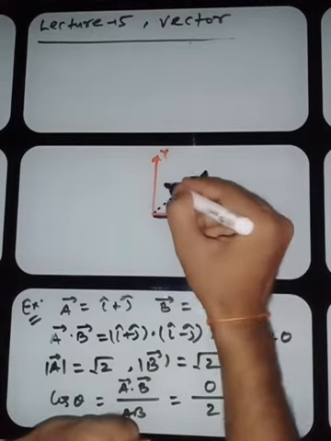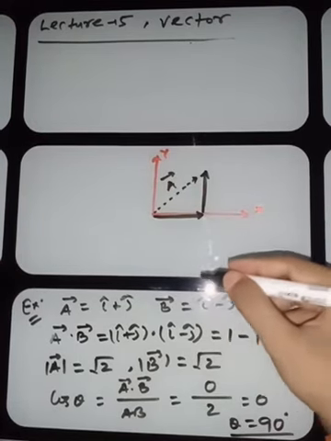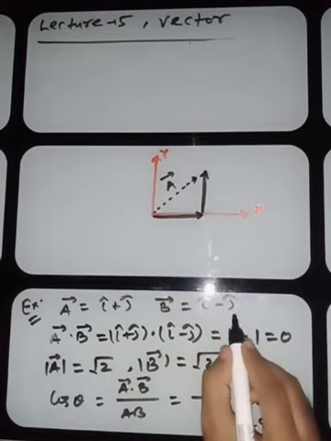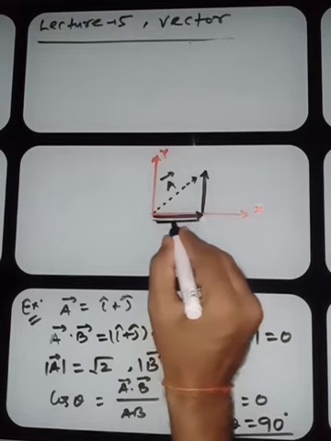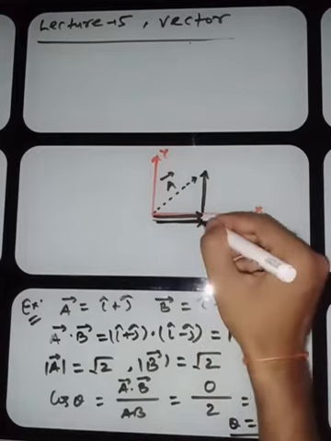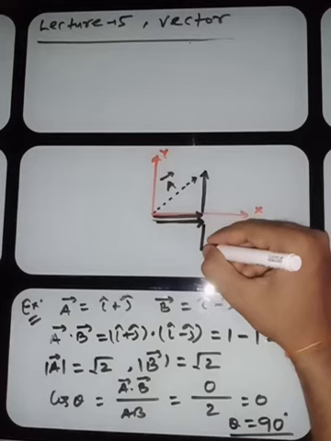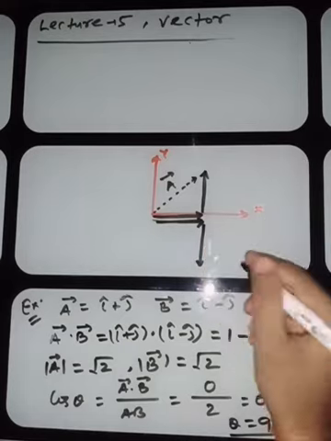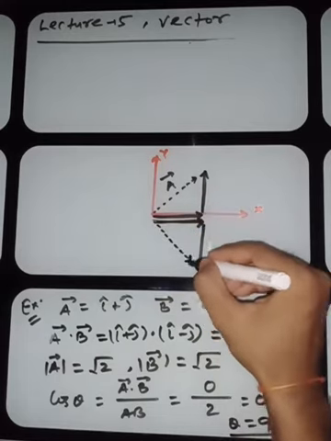I think this is the vector A. Now vector B, i minus j: this will be the i cap of the same length, remember. Now j cap with minus j goes down, and this length and this length will be the same. So this is the vector B.